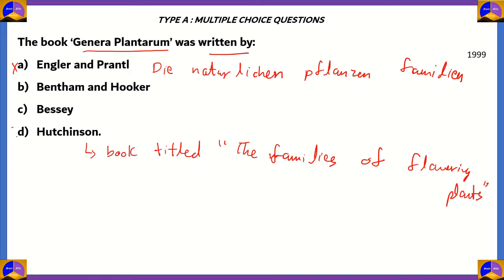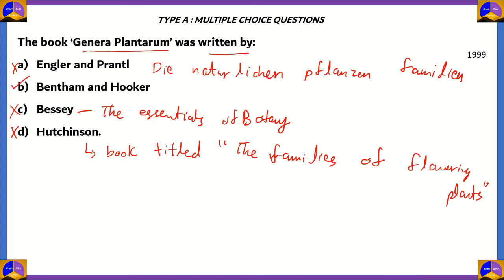So therefore option D is incorrect, and option C is Bessey. So Bessey is the Canadian botanist who has written the work The Essentials of Botany. So therefore option C, Bessey, would be incorrect, as his book is titled The Essentials of Botany.